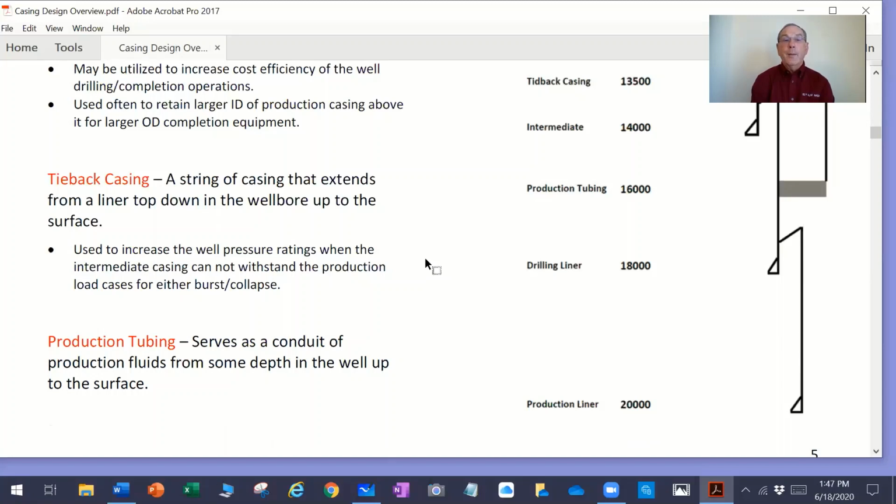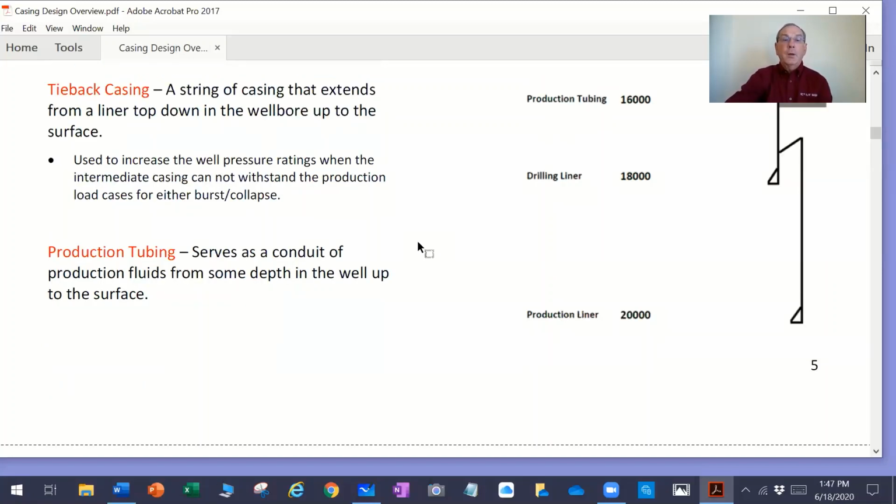We'll have to run a tieback string to have a larger pressure rating that will suffice for the ratings that we need to complete the well. And then production tubing is something that's run at the very end of a well, which serves as a conduit of production fluids from some depth down in the well up to the surface.